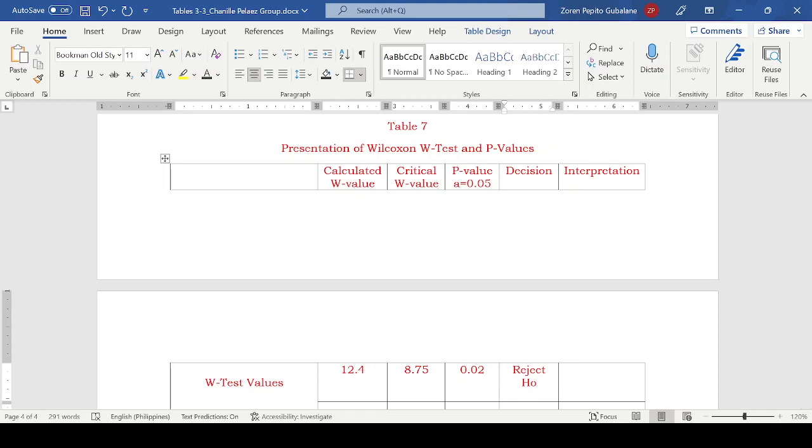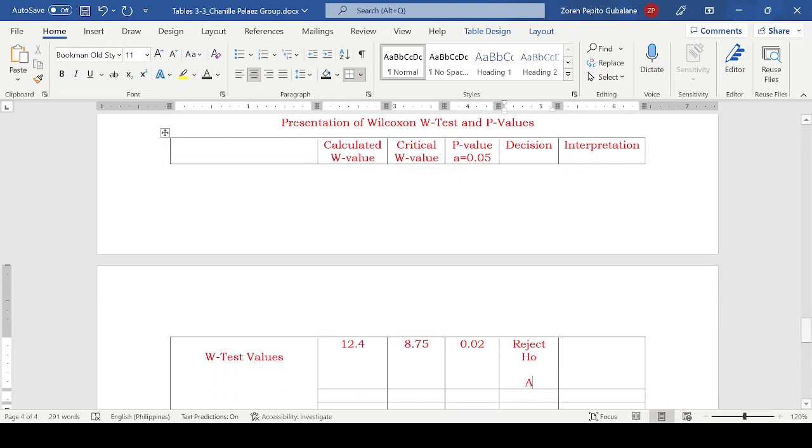Pwedeng reject or pwedeng accept the null hypothesis raised in chapter 1. So, as far as interpretation, this is where you are going to state that the study, based on data, is significant.